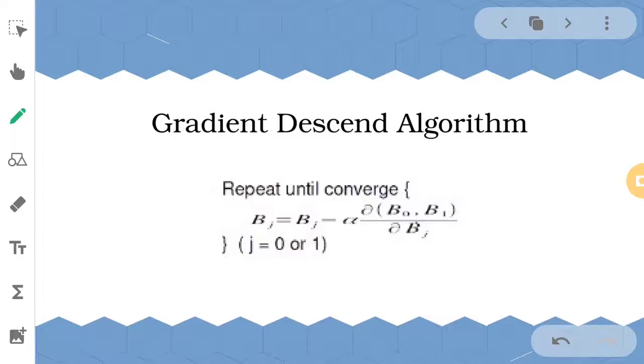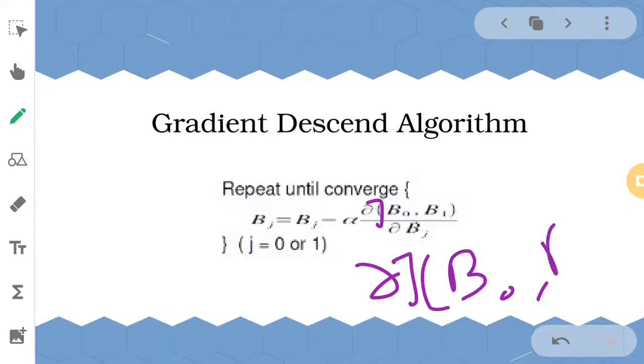Now what is the gradient? According to the gradient descent algorithm, repeat until convergence: bj equals bj minus alpha times delta J(b0, b1) by delta bj, where j is 0 or 1. This is delta J(b0, b1).